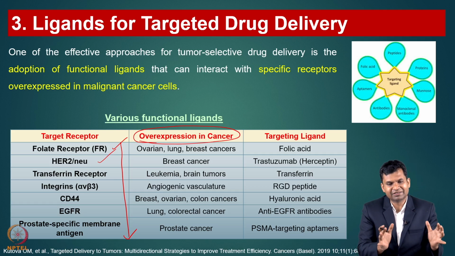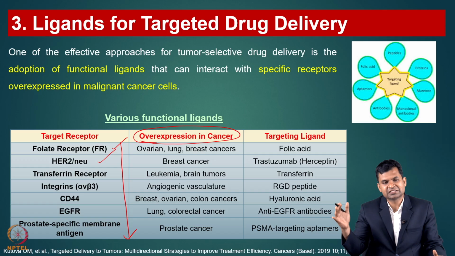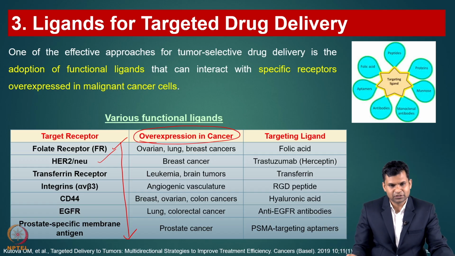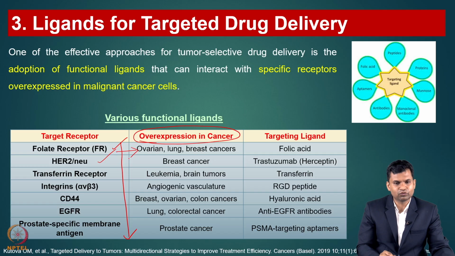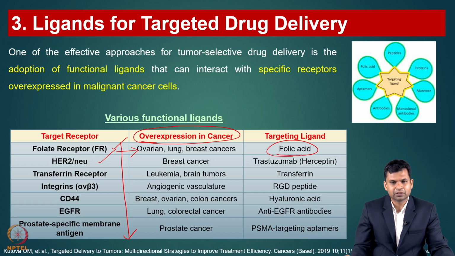These all will overexpress in various types of cancers. Here are the examples for folate receptor. If you want to target ovarian cancer, lung cancer and breast cancer, you must label your drug or any type of active molecule or your carrier by using folic acid.